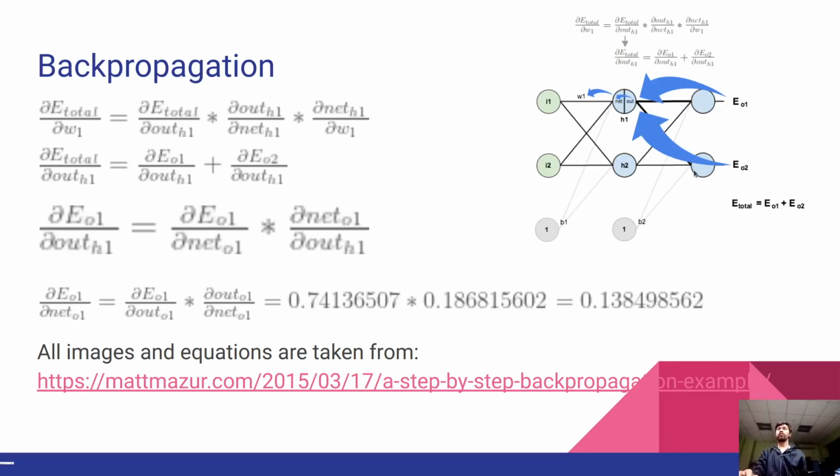We have to propagate both with respect to E01 and also E02. So we have to calculate E total with respect to W1. The total error is E01 plus E02. How to calculate this?